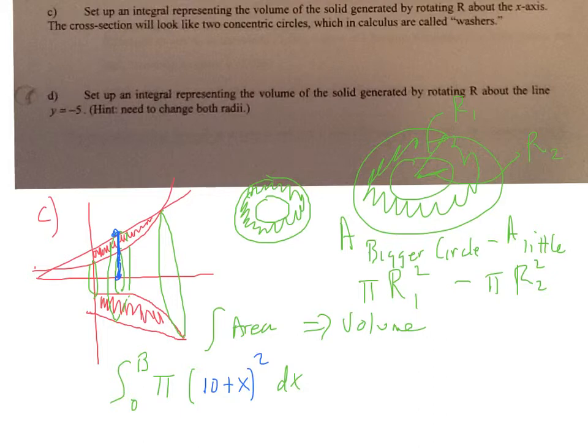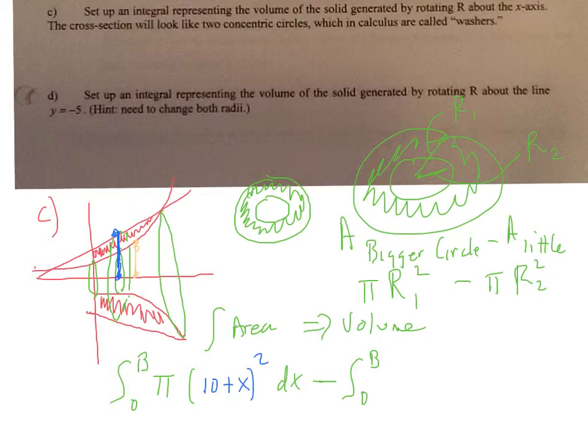And then I have to subtract off the smaller circle, the inside part of these two concentric circles. So I'm still going to go from 0 to b, and instead of my radius being created by the line, it is now going to be created just by e to the x.